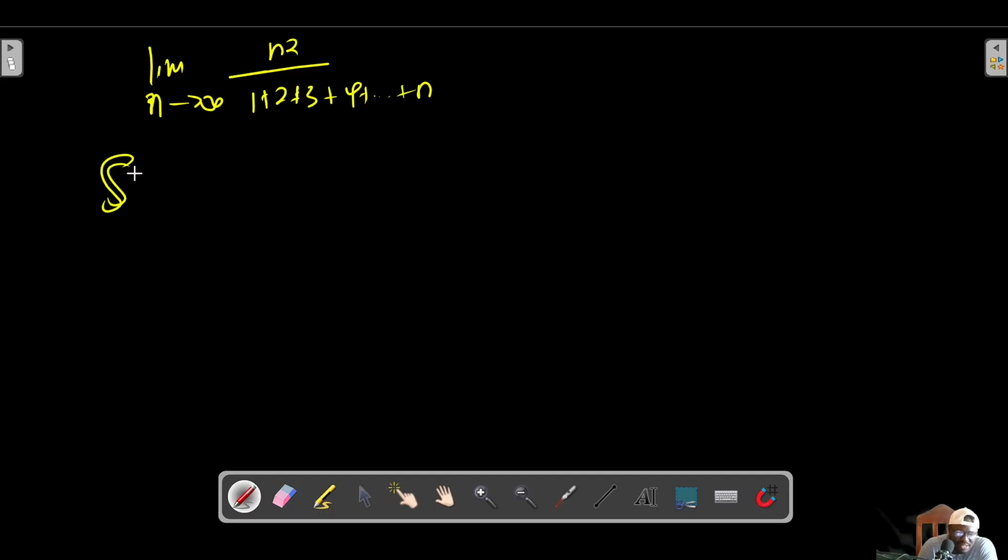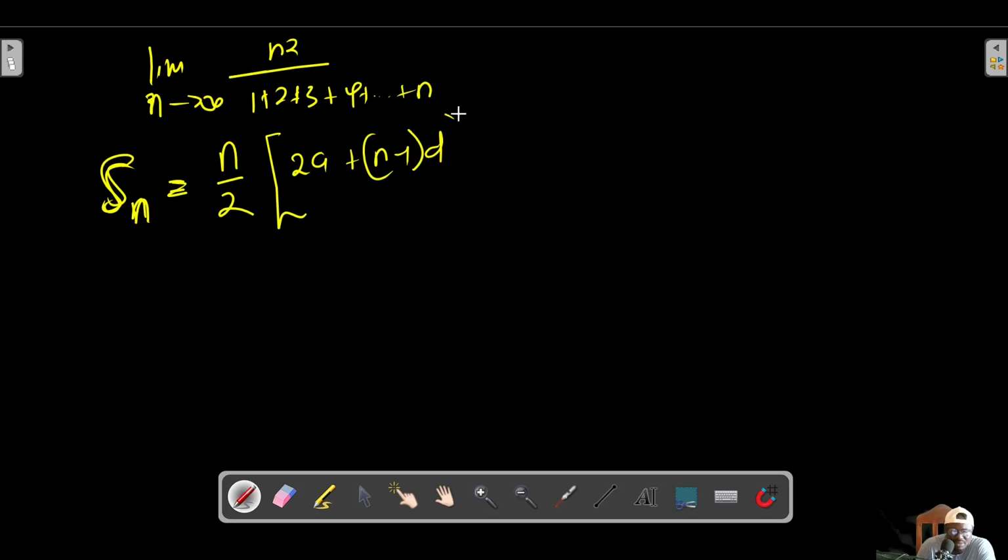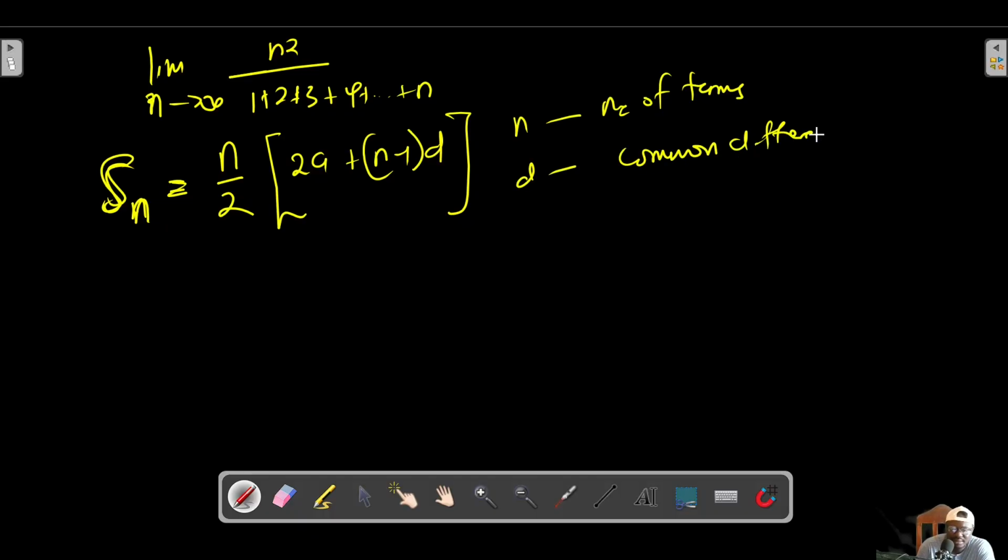You remember from series and sequence way back in high school, the sum of the individual terms of some sequence will be n over 2, where n is the number of terms, multiplying 2a, where a is the first term, plus n minus 1 multiplied by d, where d is the common difference. So n is the number of terms, d the common difference, and a the first term.